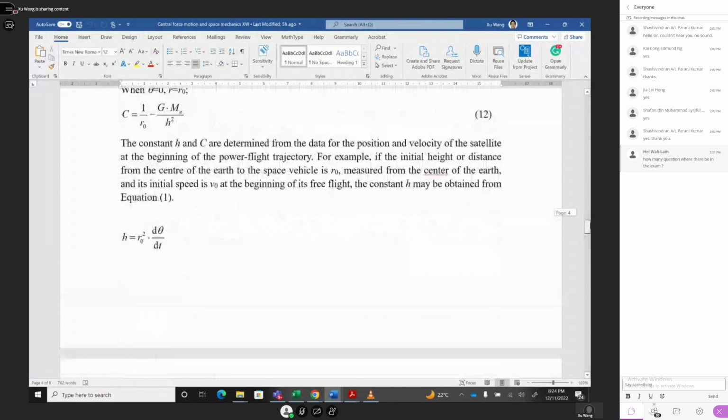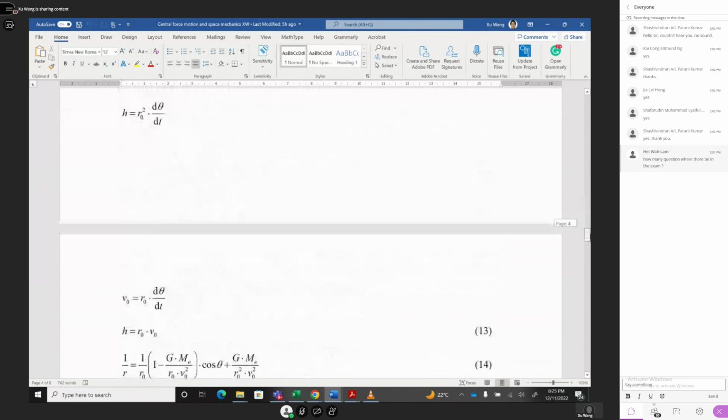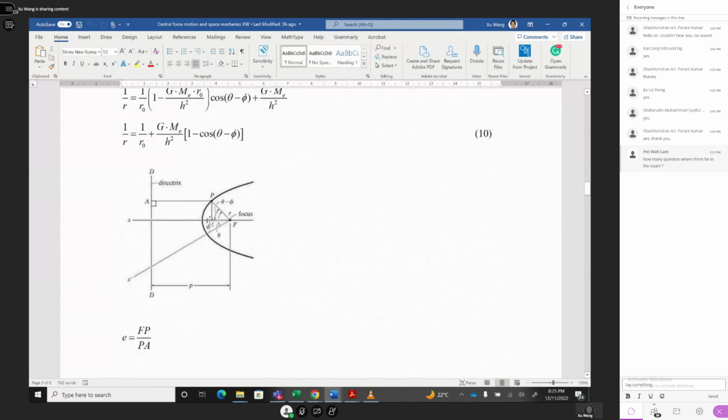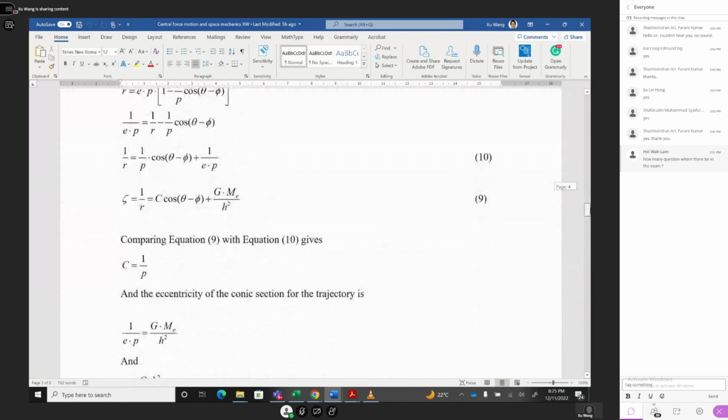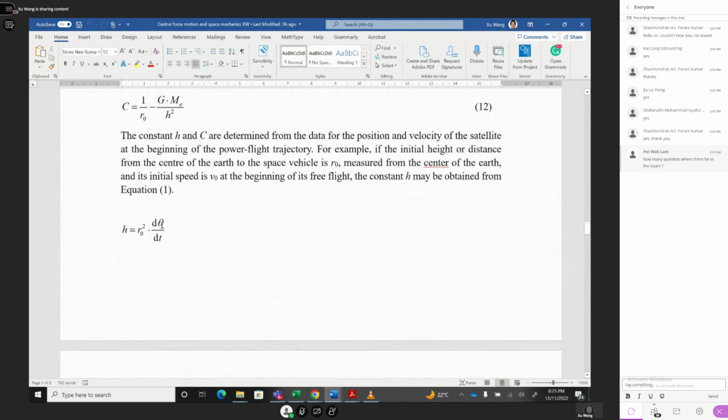And then we assume the origin position phi equal to 0 and h equal to h0. So d theta dt equals h divided by r0 squared, because the initial position theta equals 0 is the initial condition. That's why you get d theta dt equal to h divided by r0 squared.